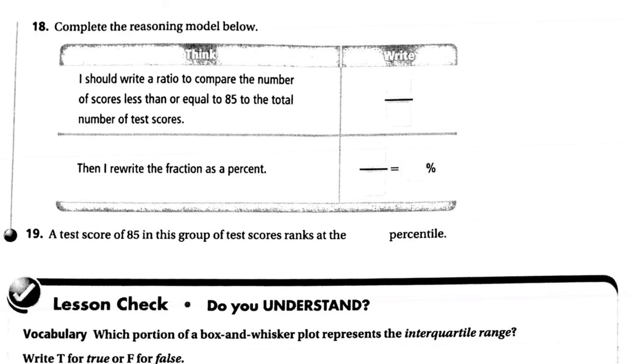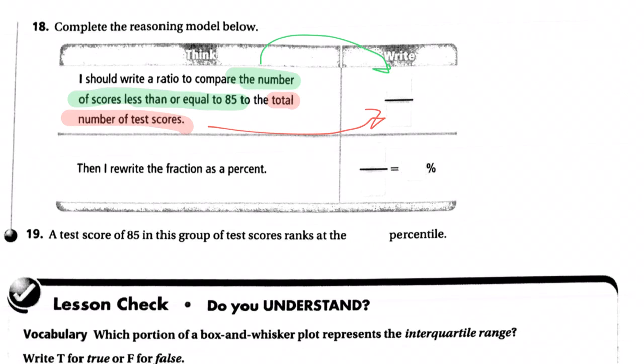So over here it says think. I should write a ratio to compare the number of scores less than or equal to 85 to the total number of test scores. So that means here that the number of scores less than or equal to 85 should go on the top, and then the total number of test scores should go on the bottom.